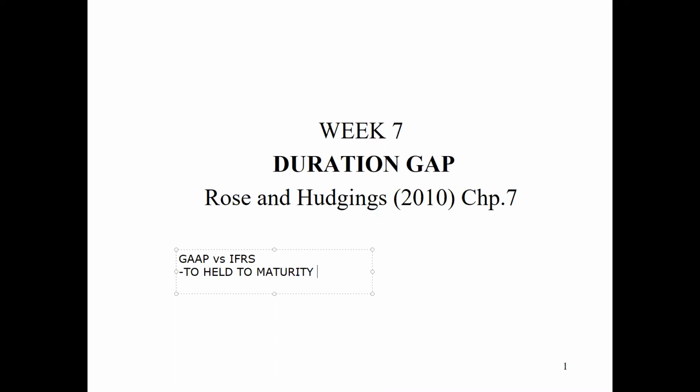This is what the IFRS and the GAAP say. So when we do the repricing gap, it really just considers this book value, and it undermines the validity of it.